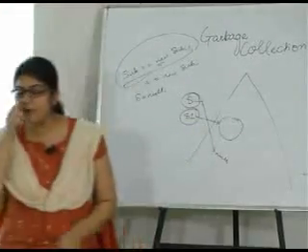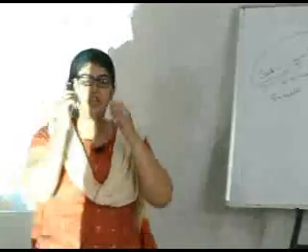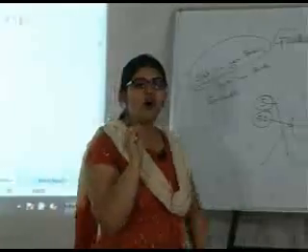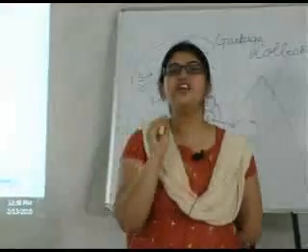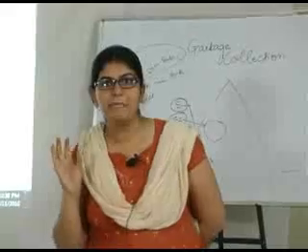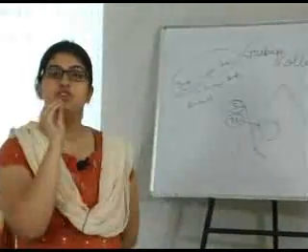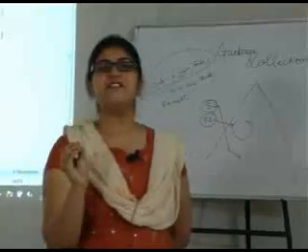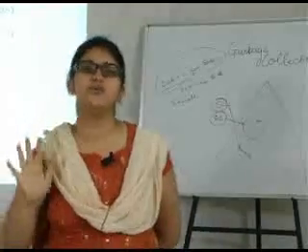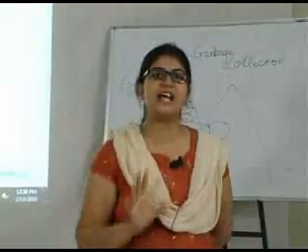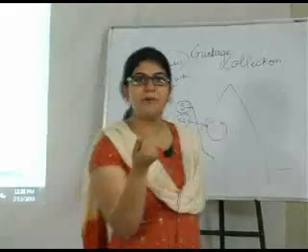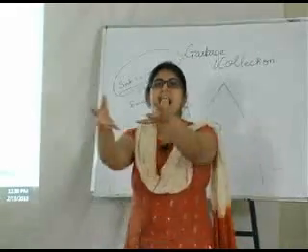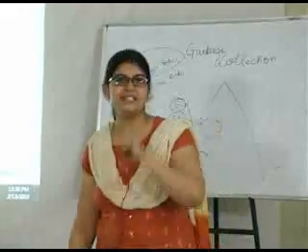So when you are talking about garbage collection, you mean all the objects which are not referenced, all the objects which lose their reference. Once an object loses its reference, it is of no use to you as a programmer, because the moment I lose the reference, I cannot hold it. I'll give you an example.